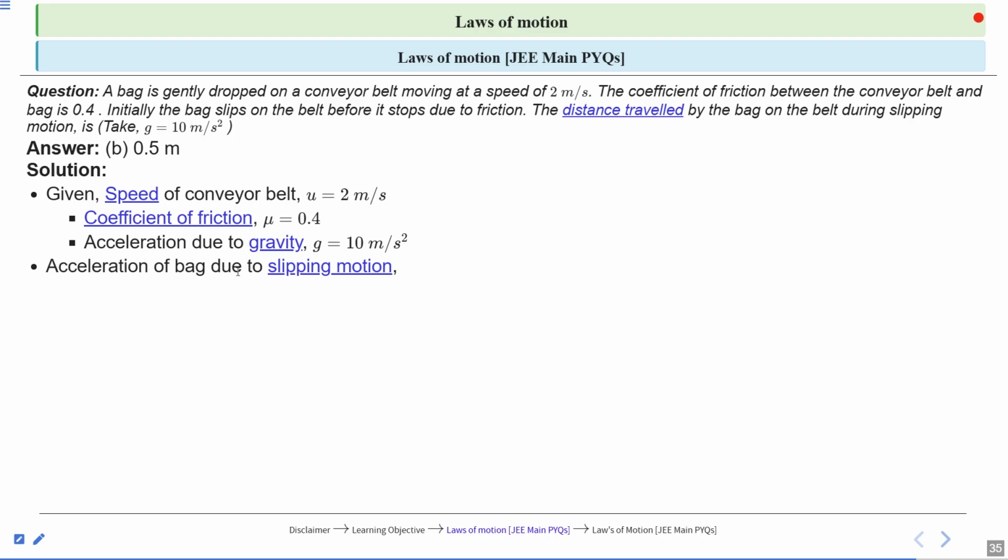The acceleration of the bag due to slipping motion is a is equal to mu g. So 0.4 into 10, and when we multiply, the acceleration is 4 meter per second square.